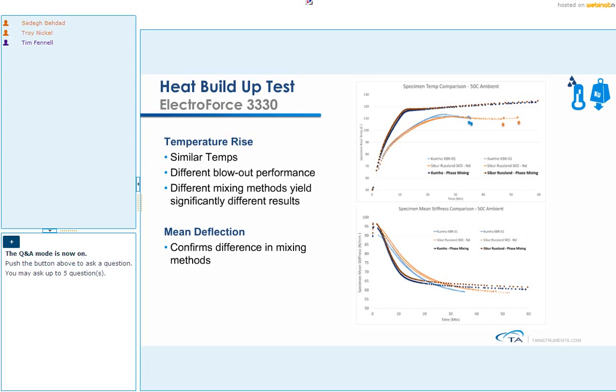Now, when you do phase mixing, instead of making master batches, it's a liquid phase process that is carried out before the rubber is made into a solid. The way you would go about it is that you create a slurry that contains the filler, and then you mix that with the rubber in the liquid state, and that ensures you get a better dispersion.